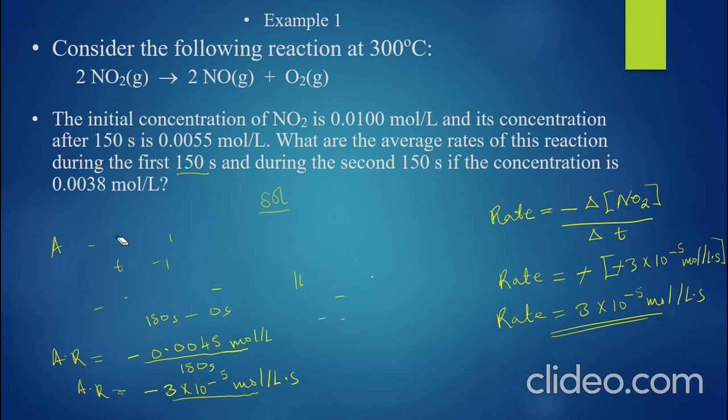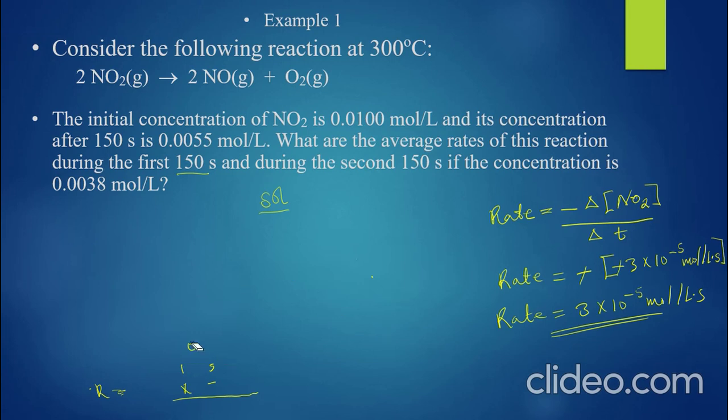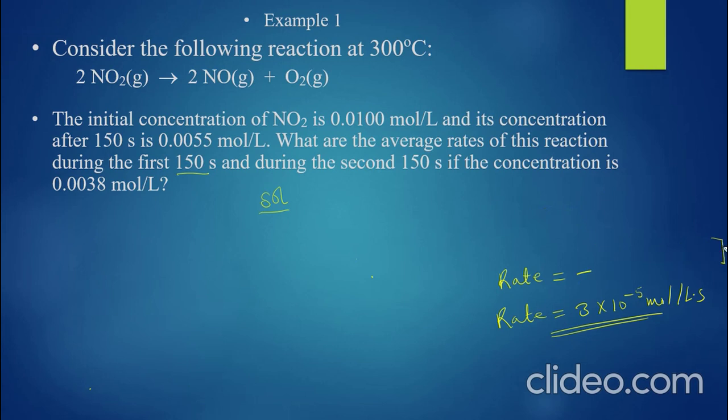The other one asks us to calculate the average rate during the second 150 seconds. Let's do it together. Or you can pause the video and try to solve on your own.